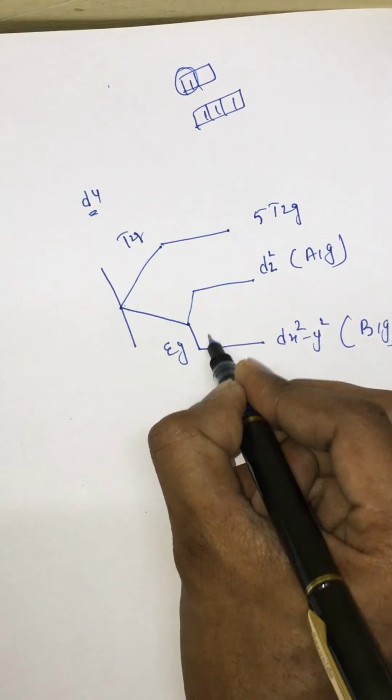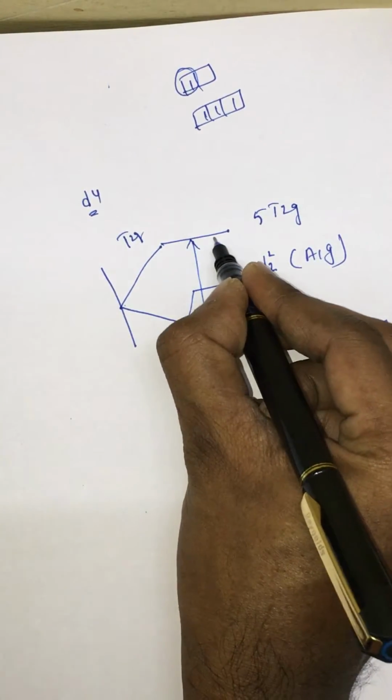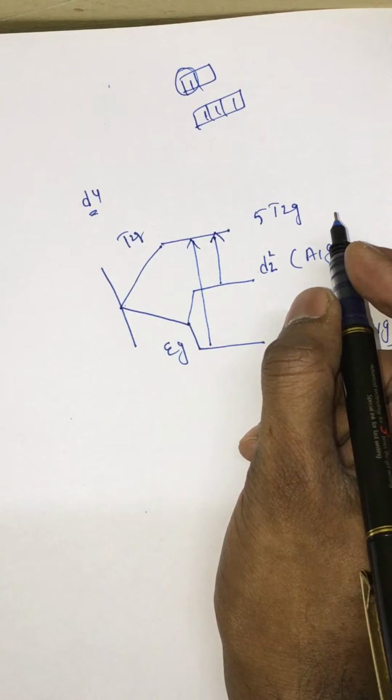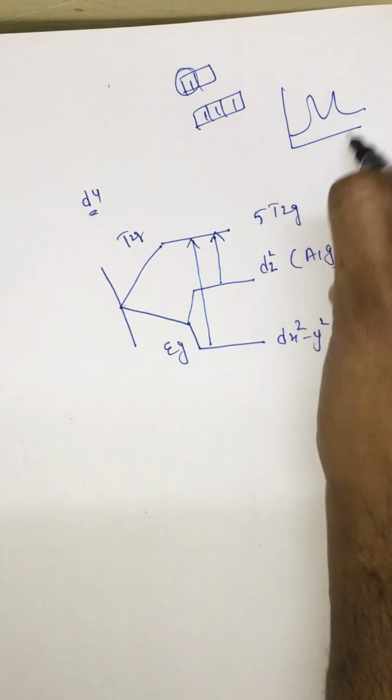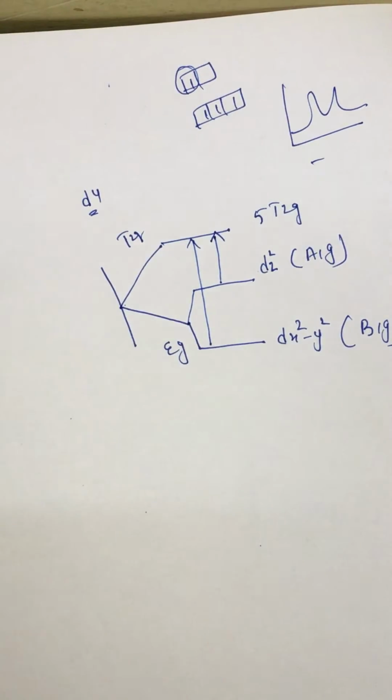So there are two transitions, one from here to here, and this is another transition. So in the Orgel diagram we will get two lines for this d4 configuration.